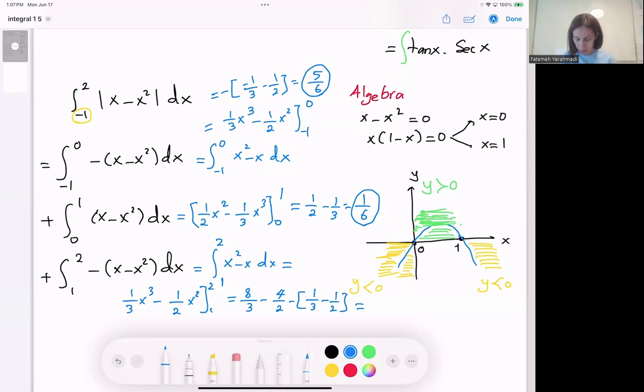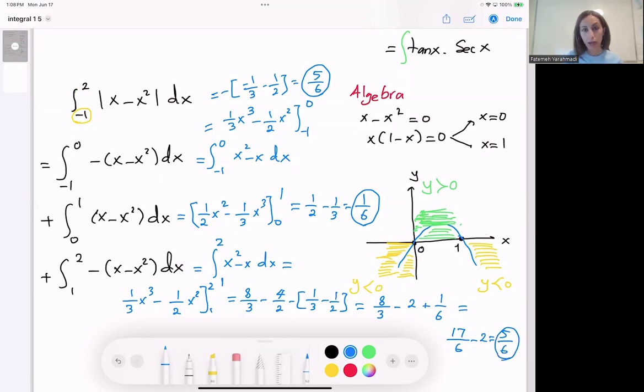Can we simplify anything? You have a third minus 2. And here you have plus 1/6, right? Very good. So if you take common denominator between these two, let's see if we can simplify this further. You get 16 plus 1. So you have 17 divided by 6 minus 2, or 5/6.